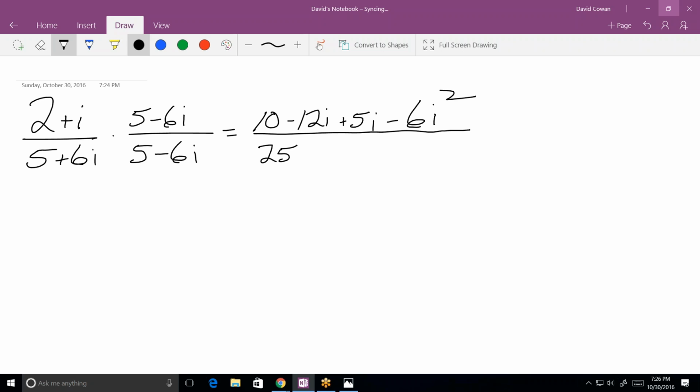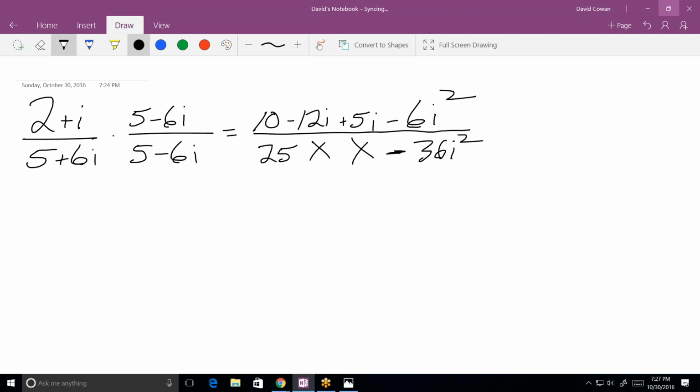The next term is going to be minus 30i, but it's going to be followed by a plus 30i, so no matter what, these two terms cancel one another. The only other term you're left with is the L of FOIL, negative 36i squared. You can save a little bit of time by doing it that way.